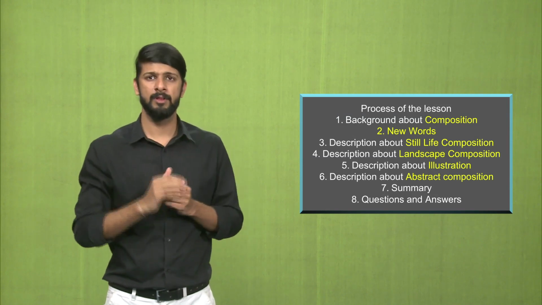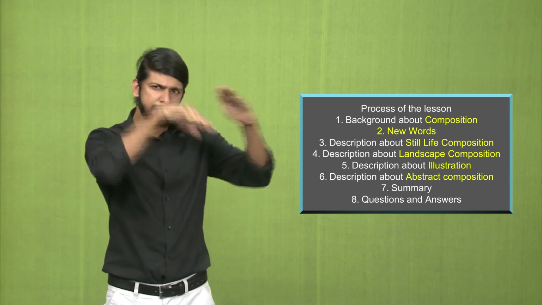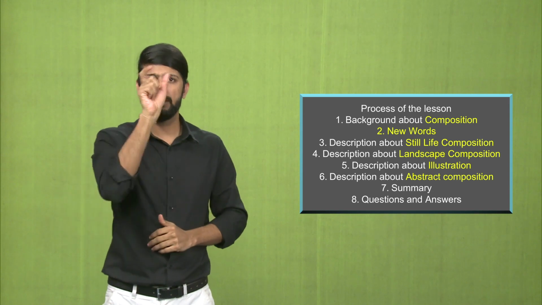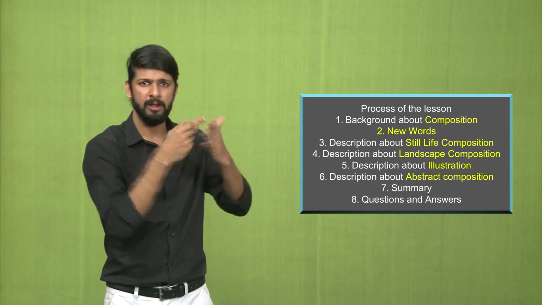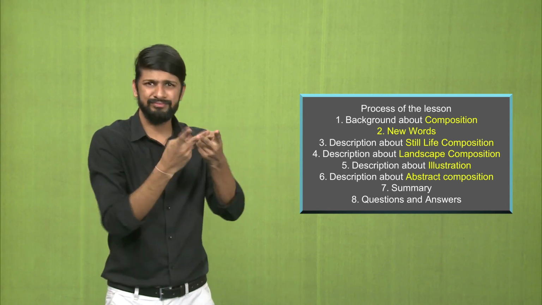We will divide the lesson in the following steps. First, we have the background and understanding about composition. Then we will have new words from the lesson. Then description about the various styles of composition.